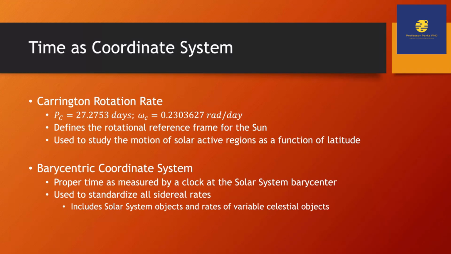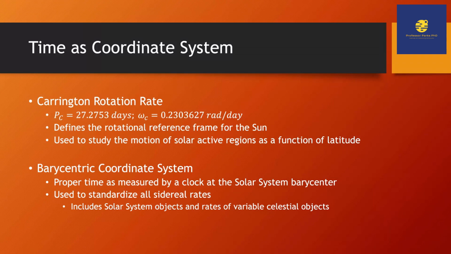No matter where you are on the Earth, the angular rotation rate of the Earth is 2 pi radians over 23 hours and 56 minutes, basically 15 degrees per hour. But for the sun, it depends on your latitude. The gas in the equatorial regions is actually rotating faster around the sun than the polar regions by about a factor of a week or so. So at the equator, it's about 24 days. Near the poles, it's around 30 days.